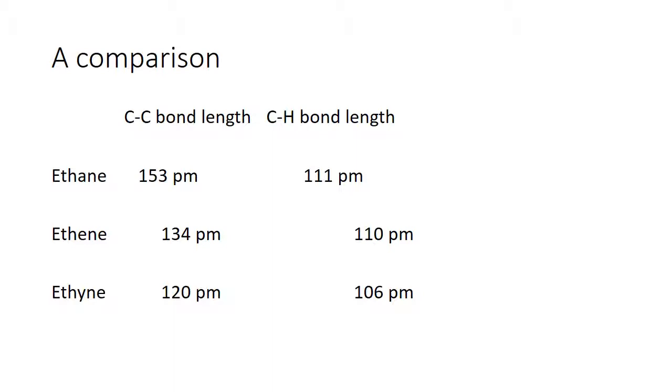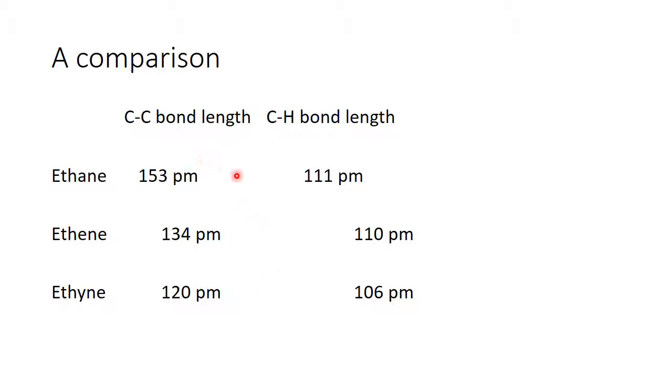Where does this acidity come from? The first thing that we're going to do is compare the bond length and strength of the carbon-carbon bonds and the carbon-hydrogen bonds in ethane, ethene, and ethyne.